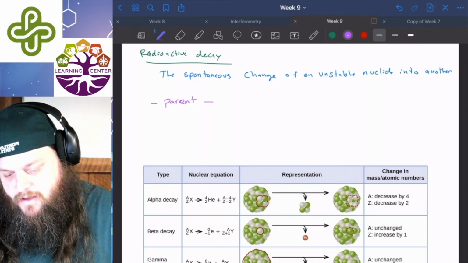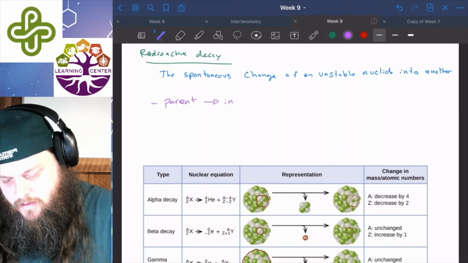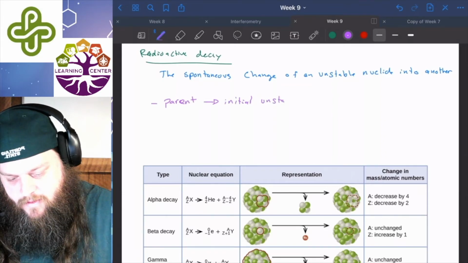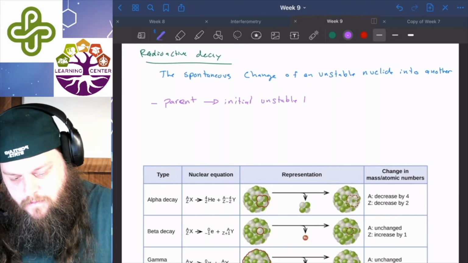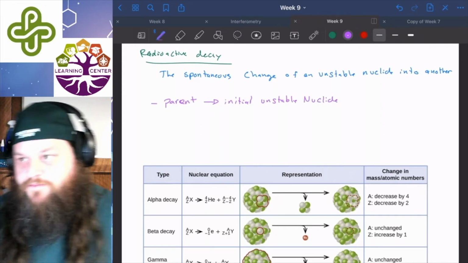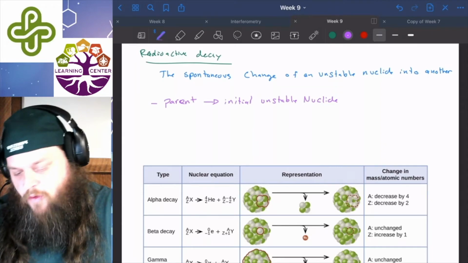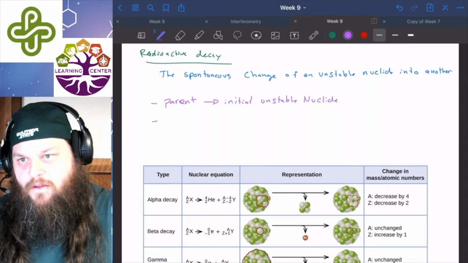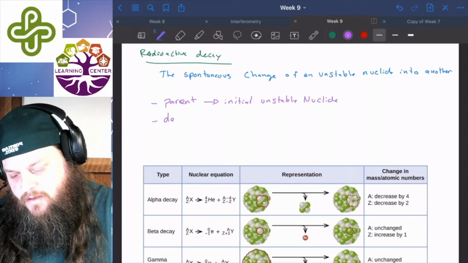The product of that, what's being produced as it decays, we call the daughter nuclide.